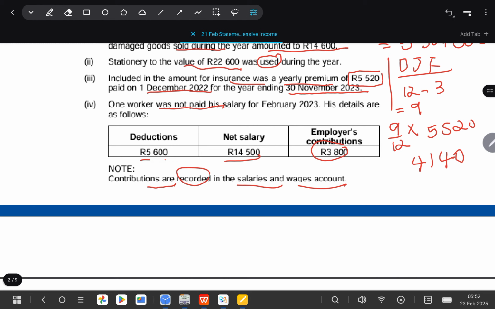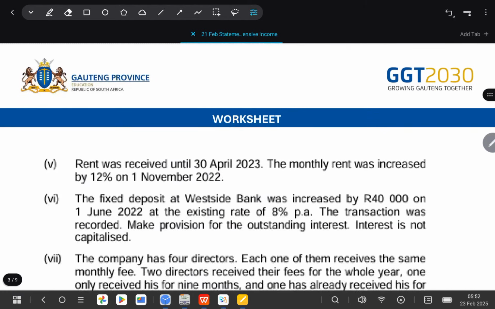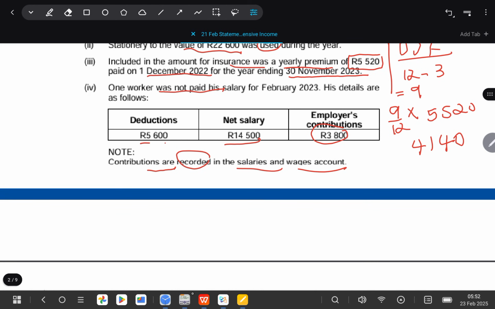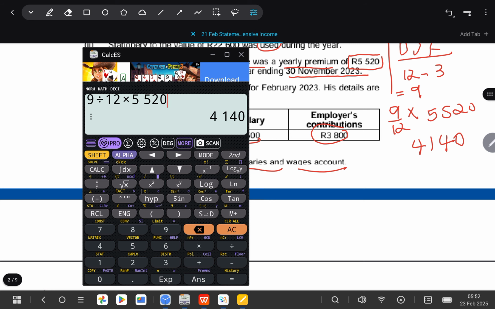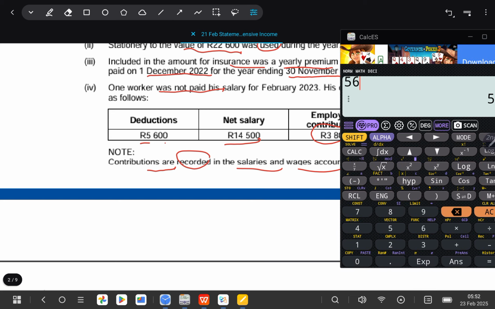So here they gave you net and gross. So what you can do, you can just add them. So you're going to say on the paper, plus, let me just do our gross calculations. Okay, so remember our gross calculation here, we have 5,000.